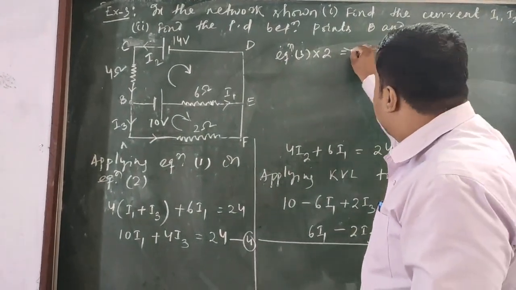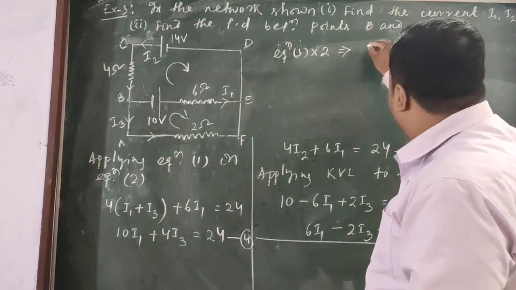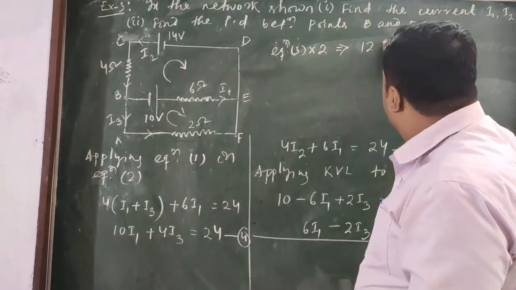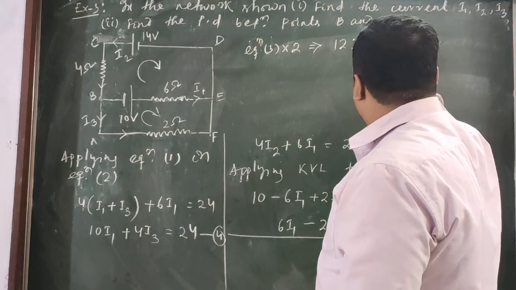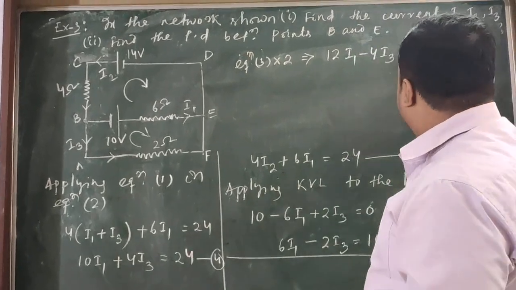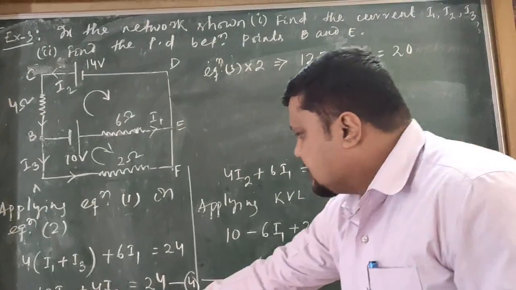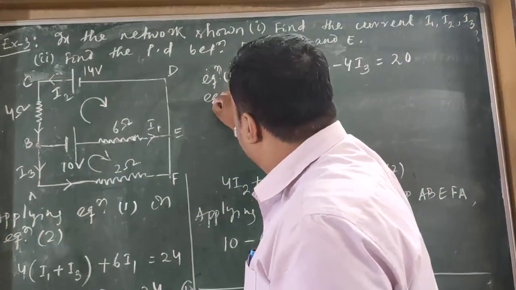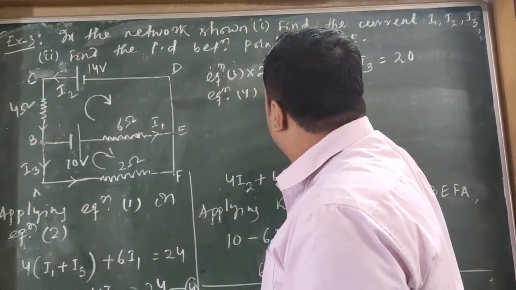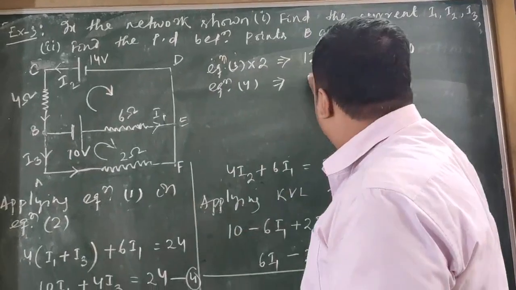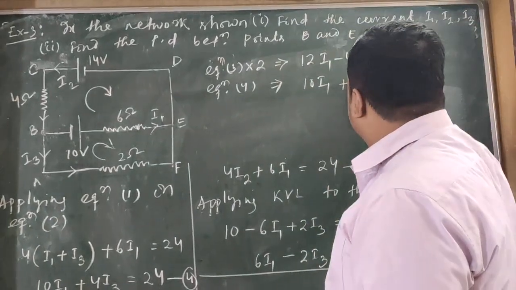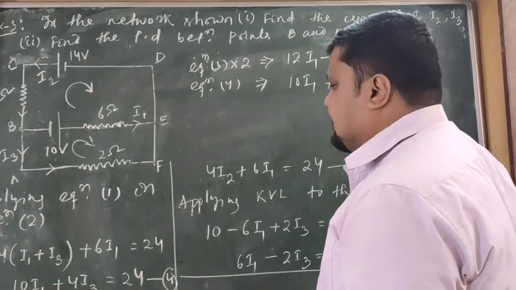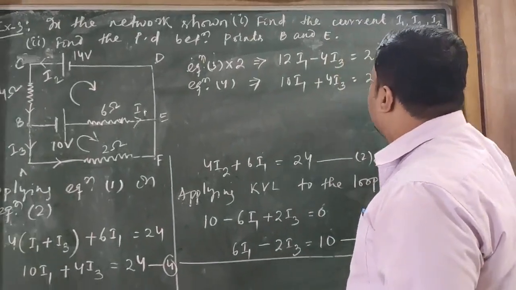So this will be 12 I1 minus 4 I3 is equal to 20. Write this equation 4: 10 I1 plus 4 I3 is equal to 24.